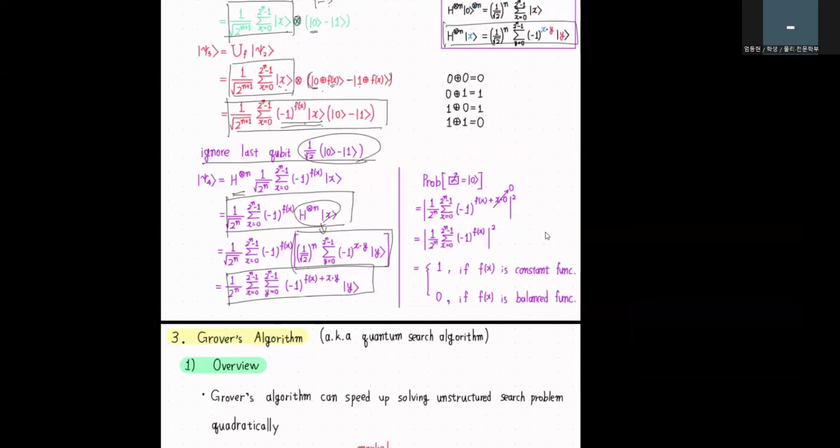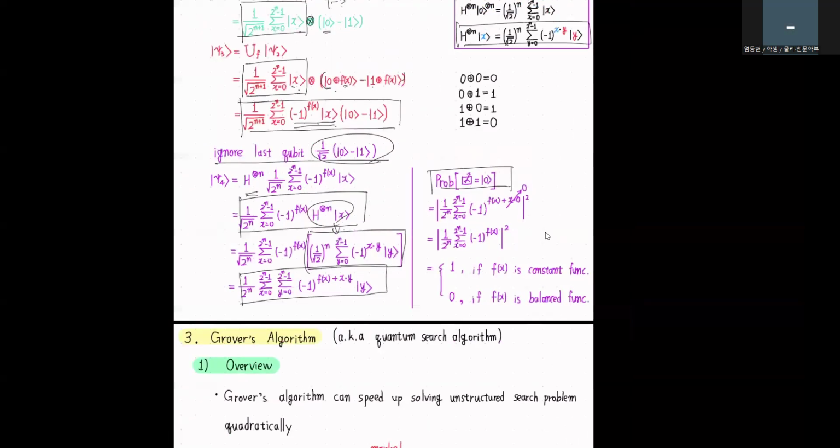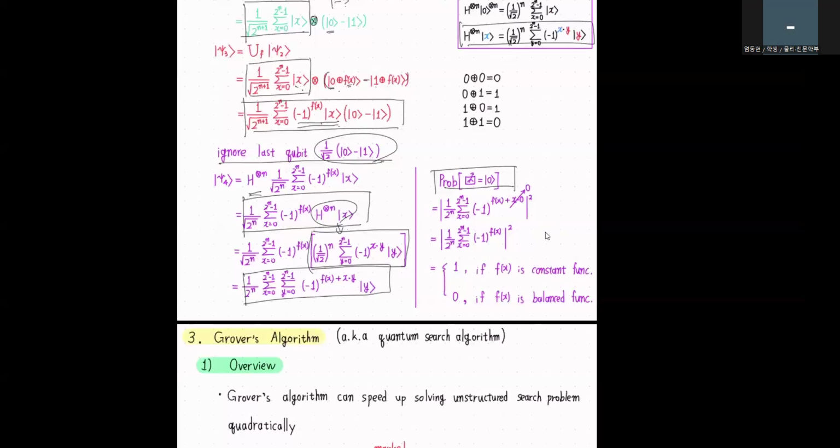So analyzing this final expression, we have two possibilities. First, f of x is a constant function. Then for the probability of measuring the zero state over here, if we put y equals 0 over here, we get minus 1 to the f of x, squared.